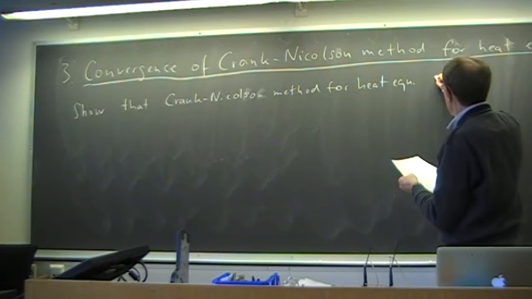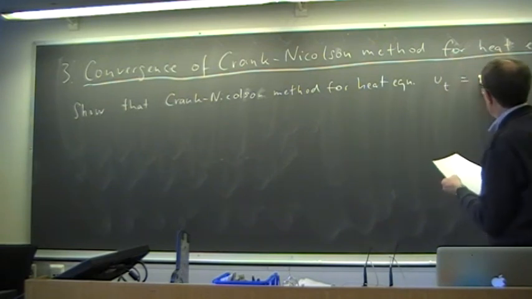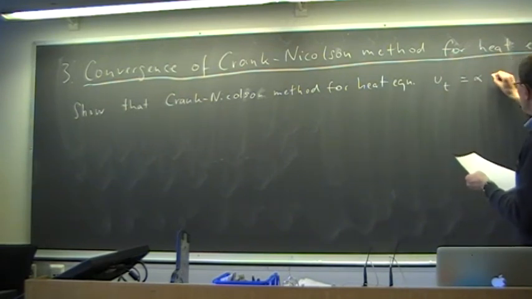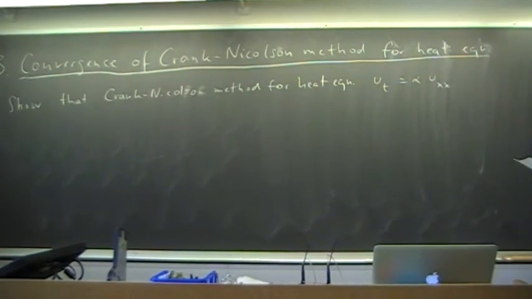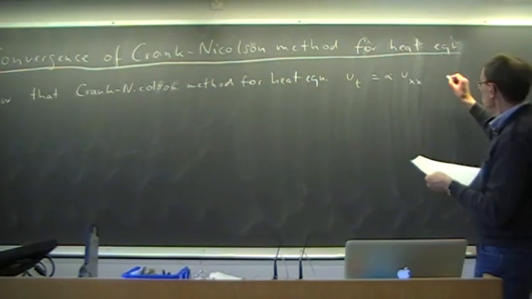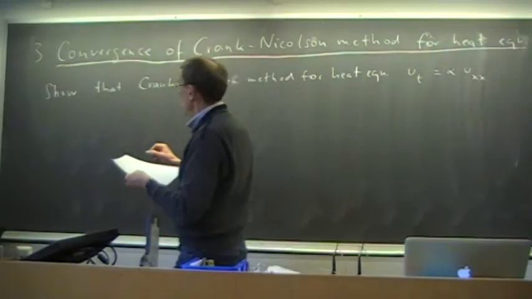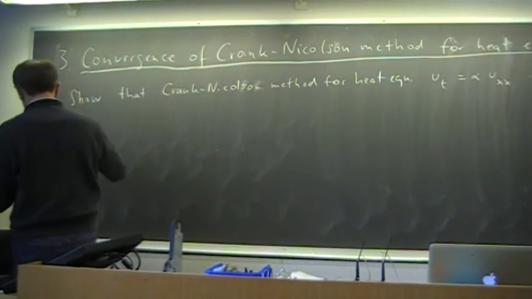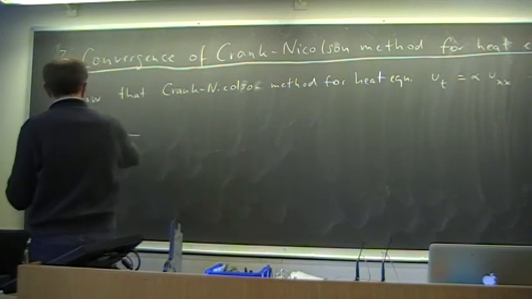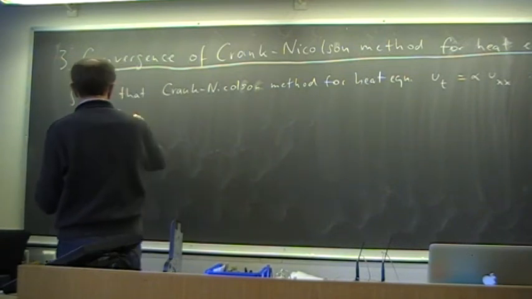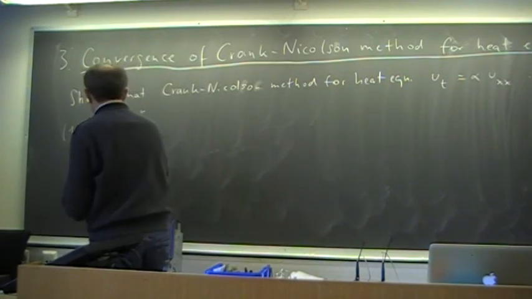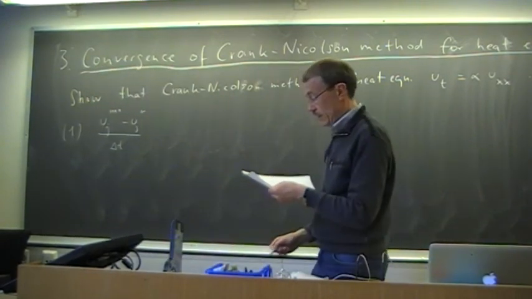which is u_t, the time derivative of u, equal to the thermal conductivity times the second derivative of u with respect to x. So u is now our temperature, and the discretization is the following. We have the usual way to discretize the time derivative at grid point x_j by taking the value at the new minus the old time level and divided by delta t.